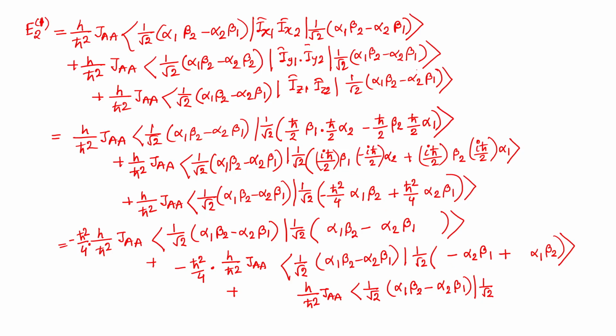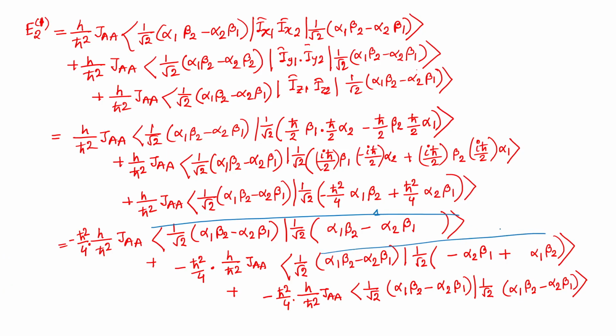Obviously I can see if I take common minus h cut square by 4, then it is going to be my alpha 1 beta 2 minus alpha 2 beta 1. As you can see, these all are actually not 0, but this is 1, this is 1, and this is 1.